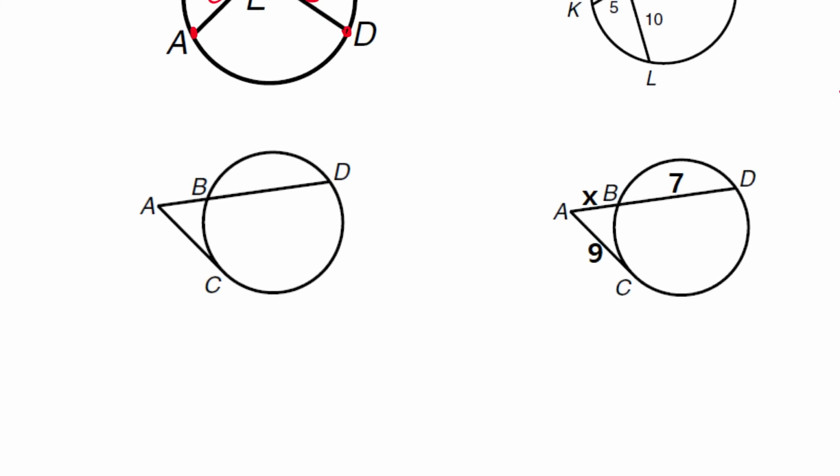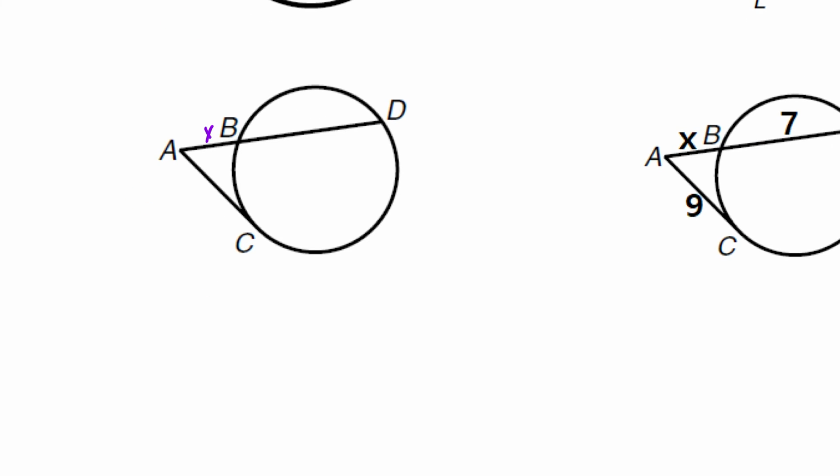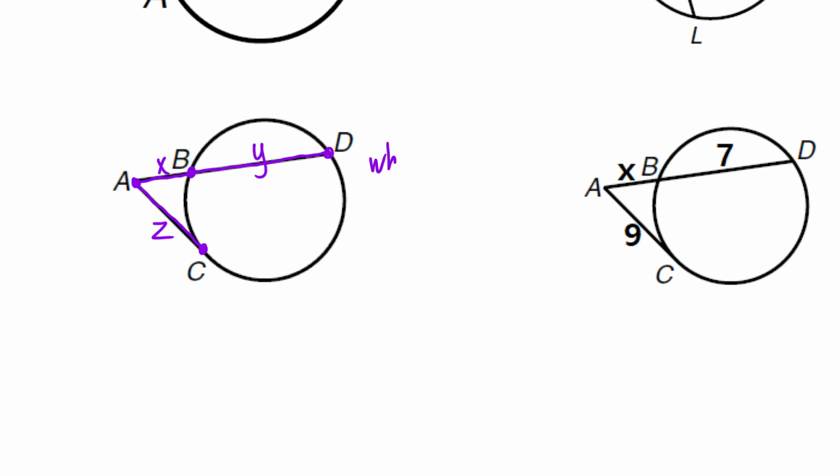Okay, then on this last one. Let's say this is x from here to here, y from here to here, and z from here to here. So first of all, I want to write it like this: the whole times the outside equals the tangent piece squared.